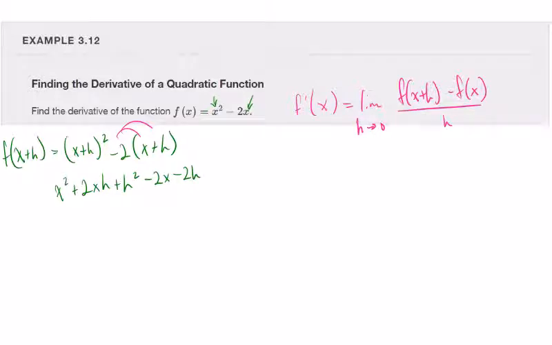So we can combine like terms. Yeah, I don't see any like terms there. Yep, I don't think we have any. So we're just going to bring that over and put that in place of this.